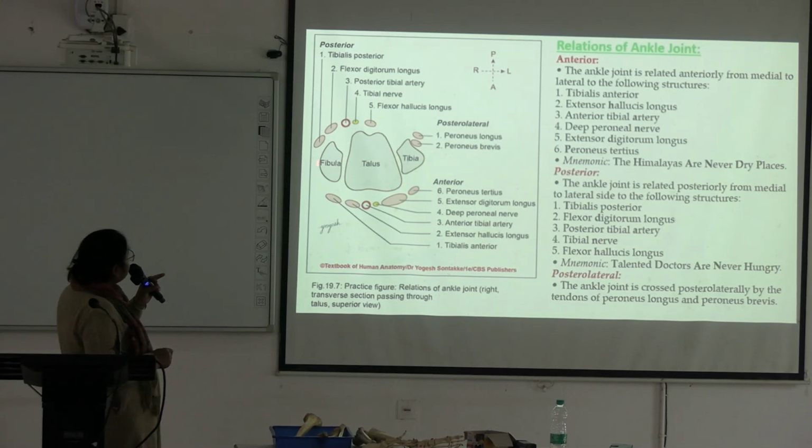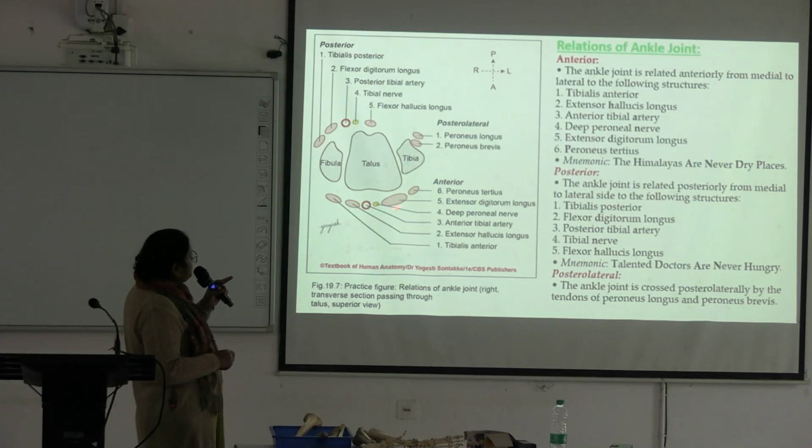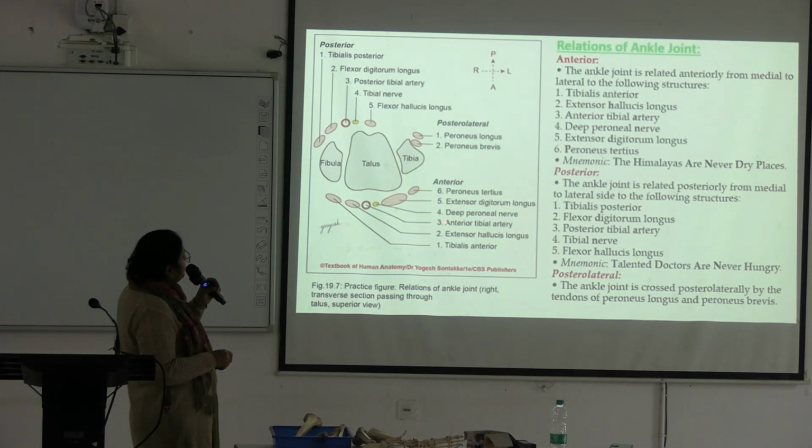So this one will be tibia, here will be fibula. So here is the tibialis anterior, then extensor hallucis longus, then the neurovascular bundle: anterior tibial artery and then the nerve. The nerve of the anterior compartment is the deep peroneal nerve. Next there are extensor digitorum longus and peroneus tertius.